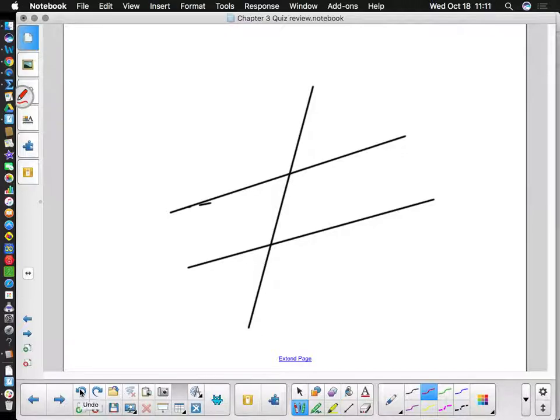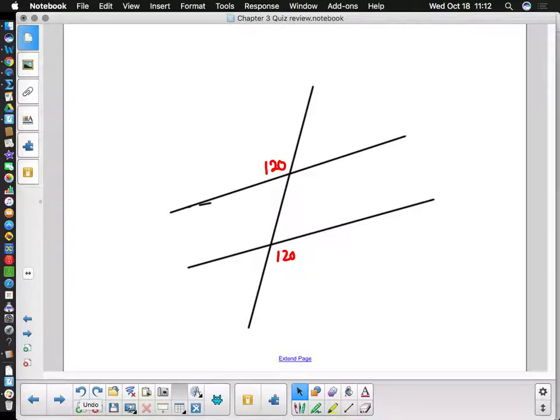Okay. Well, but what if I told you that this angle was 120 and this angle was 120? Are the lines parallel? Yeah. What's the reason? Because they're corresponding angles converse. Okay. How about now?